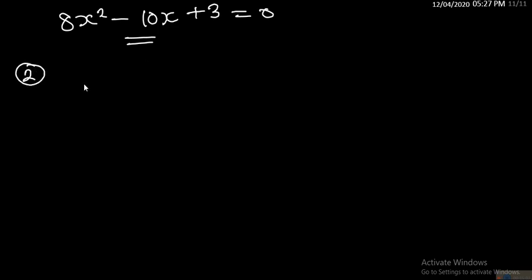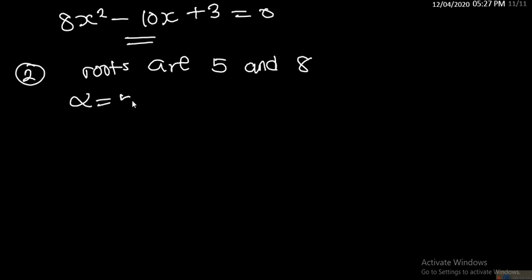Last example. The roots of this equation are 5 and 8. So let the first one equal 5, the second one equal 8. Look for the sum of the root.